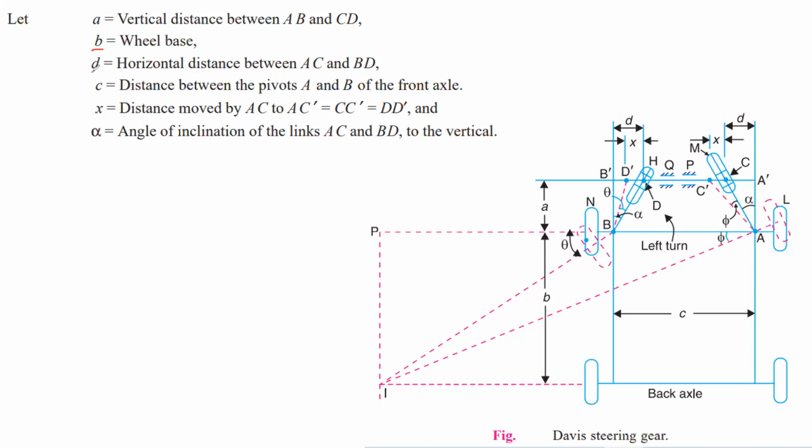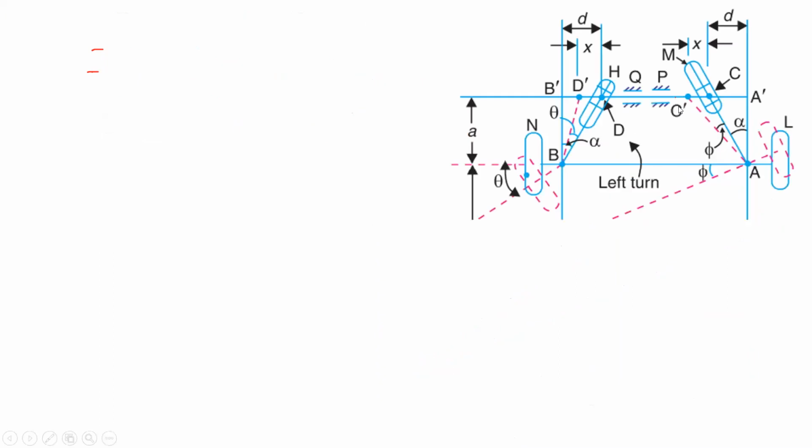Next is distance D. So you can see what D is. D you can define as the horizontal distance between point B and point D when the vehicle is moving in a straight path.